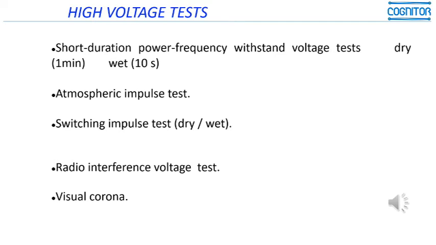The high voltage tests are the ones that we mentioned in the previous slides, and are the short duration power frequency withstand voltage tests, dry and wet, in which we try to demonstrate that the equipment is able to withstand the temporary overvoltage that will occur along the several operations of its daily life.